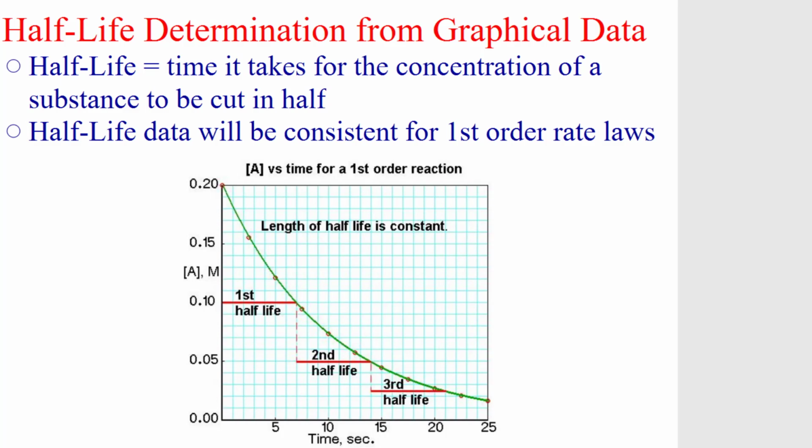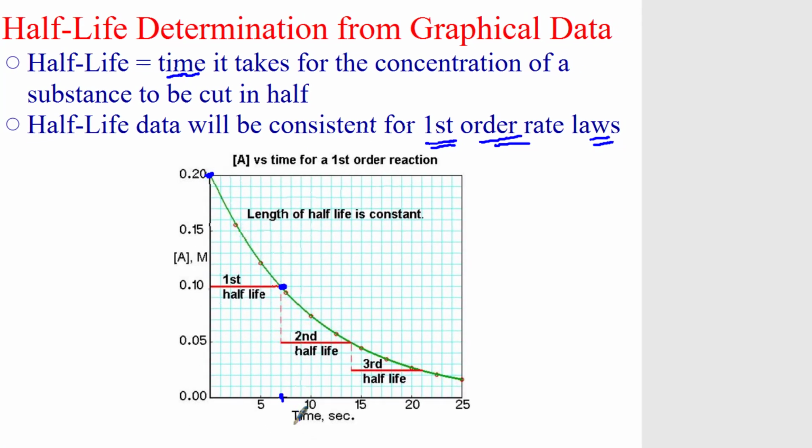And next we're going to take a look at the half-life determination from graphical data. Now the half-life only works for first order. The half-life will be consistent for first order rate laws. And you can see the half-life is the time it takes for the concentration to be cut in half. So here my concentration is at 0.20, and do you see how to get to 0.10, it took exactly 7 seconds?